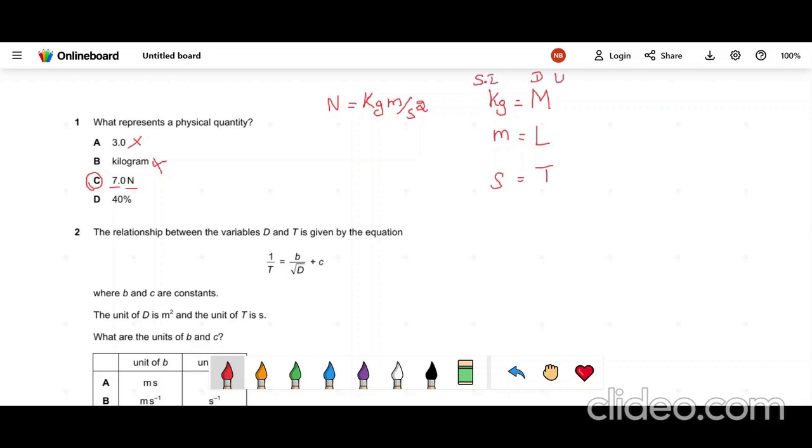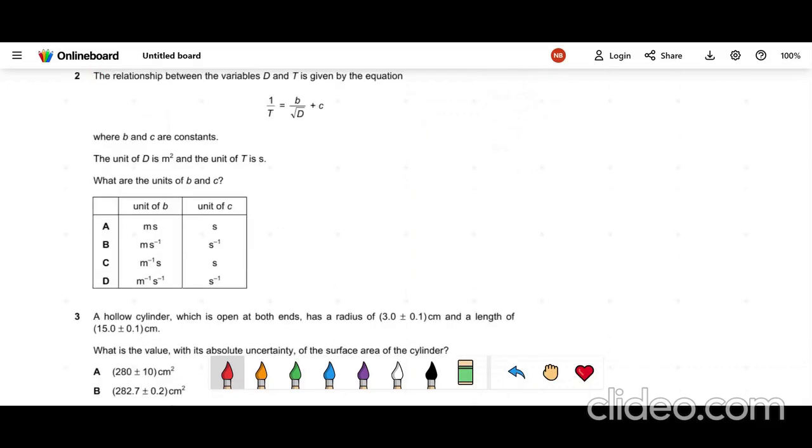So the dimensional unit for Newton will be mass, length, and T inverse squared, that is, T to the power minus 2. This is not relevant to that question, but that type of question can be asked. That is why I have explained that also in that same question itself.